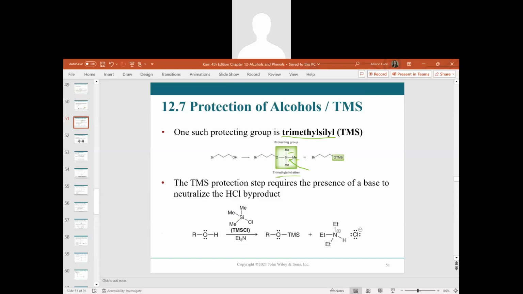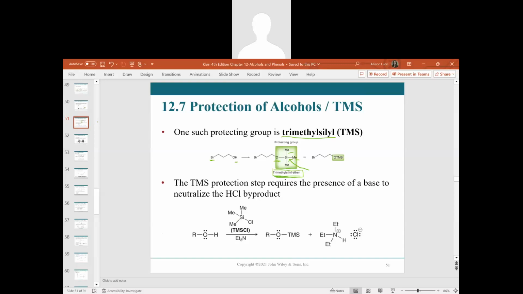We've added this trimethylsilyl ether, TMS, to that oxygen. So we've created this functional group on the end of our original alkyl halide alcohol.